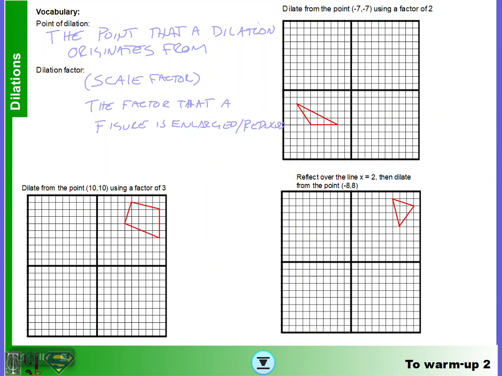So what kind of video games have dilations all the time? Sorry, Nate, what did you say? First-person shooter games? Why would that be? Well, in a first-person shooter video game, the perspective that you're looking at the screen is the perspective of a person, right? So this is a first-person view, and typically things are running at you.